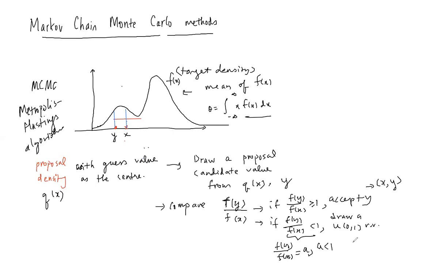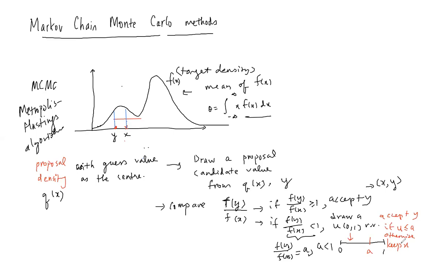Then you draw a random variable between 0 and 1, a uniform, U. Suppose this is your A. If you get a value that's below A, you will accept y if U is less than or equal to A. Otherwise, you keep x.